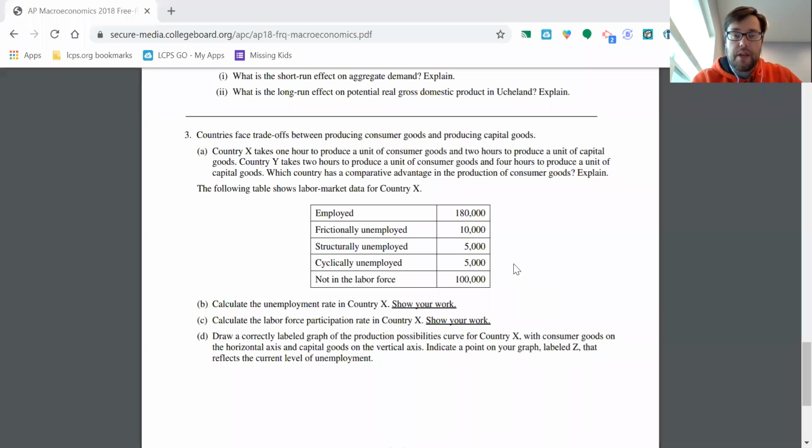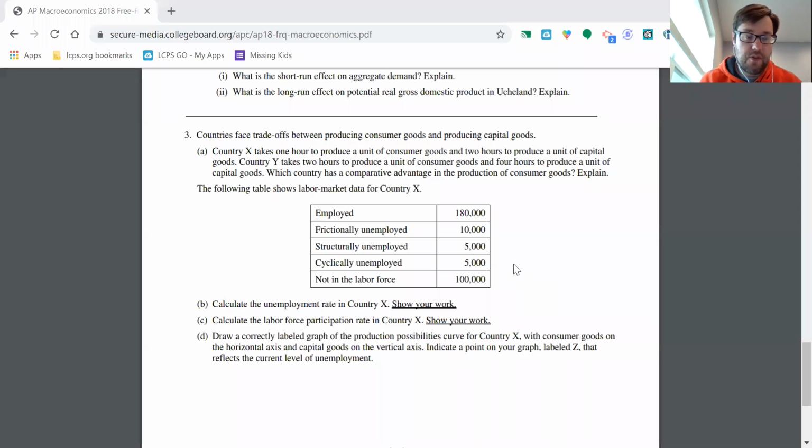All right, let's take a look at the 2018 Macroeconomics FRQ number 3. Let's pull it up here. Okay, this is a good little question. It's pretty straightforward. There are a couple of little intuitive things you need to be able to get in order to work through this question.